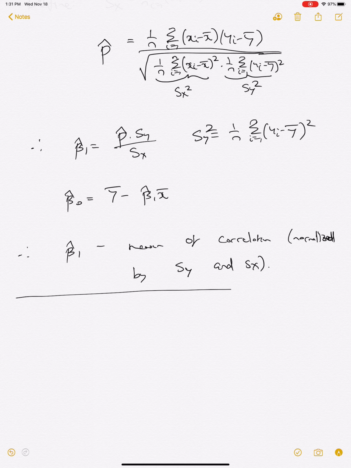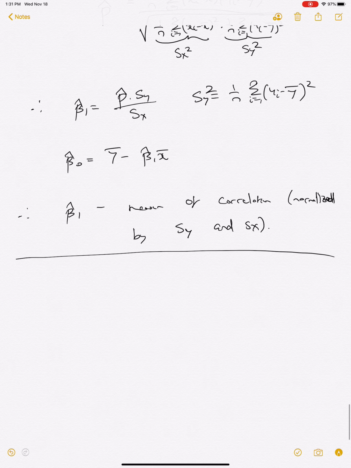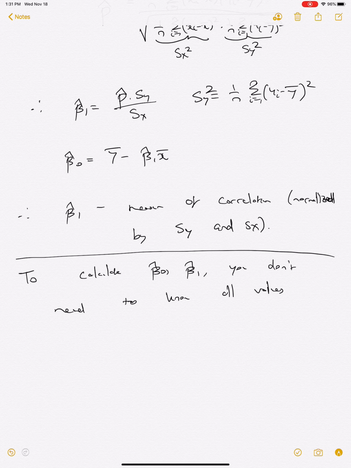And the other thing that's important is that to calculate beta hat 0 and beta hat 1, you don't need to know all values xi, yi. You don't need to know everything.